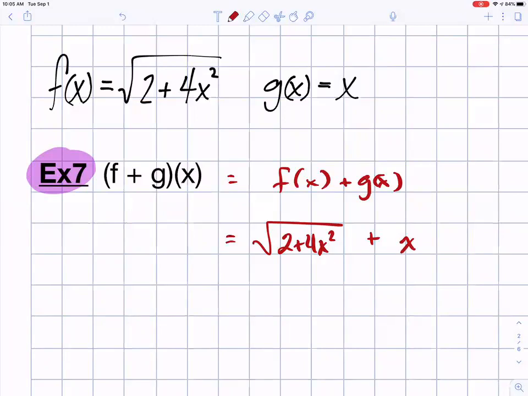Can I simplify this at all? Can I make it any easier? Take out 4x squared. No, you can't simplify it. So the suggestion was, can I take out the 4x squared and take the square root of that? You cannot split apart addition and subtraction underneath a square root.